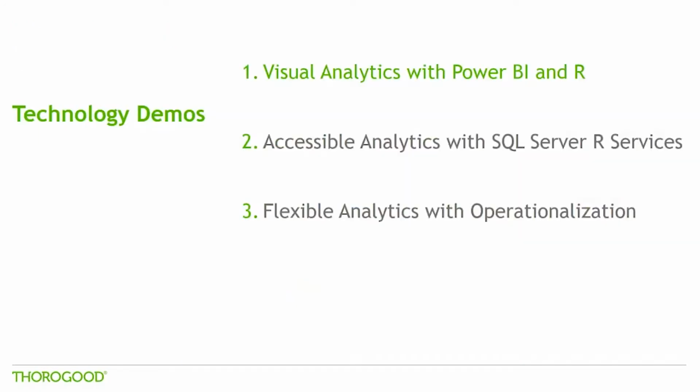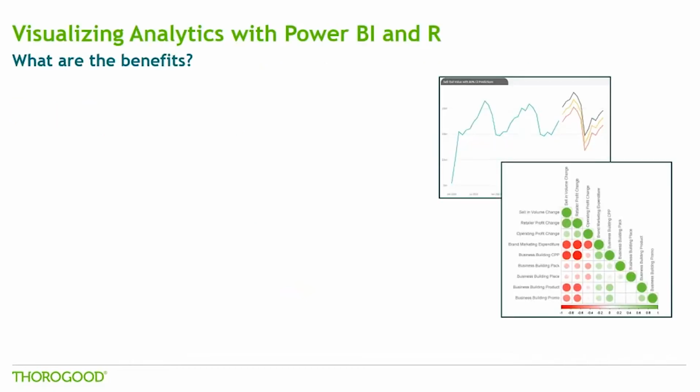So we're going to start off with a reporting-focused demo of Power BI and R, and that's going to highlight how your business can benefit from the statistical modeling capabilities of R without really restructuring or customizing your data architecture. So if you're already doing reporting in Power BI, it will fit right in with that.